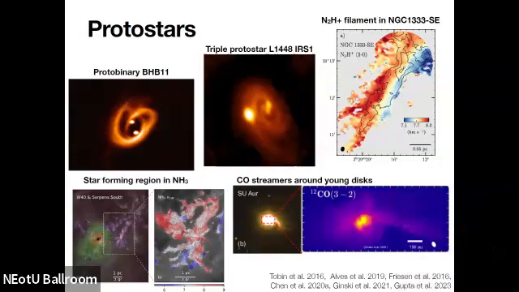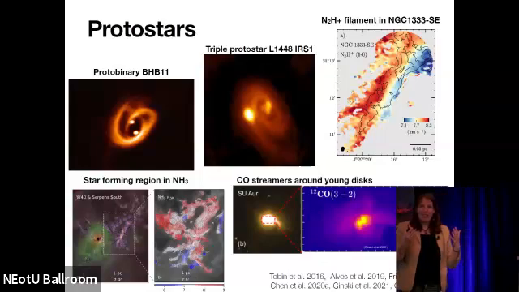Here are a couple of examples of spatially resolved images of protostars. As we have seen in the advances of ALMA, many of these protostars are not following the simple spherical image that we had. Essentially, we are not looking at spherical cows.